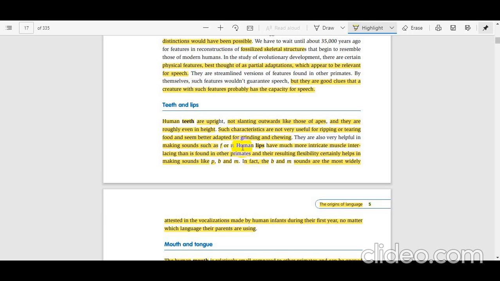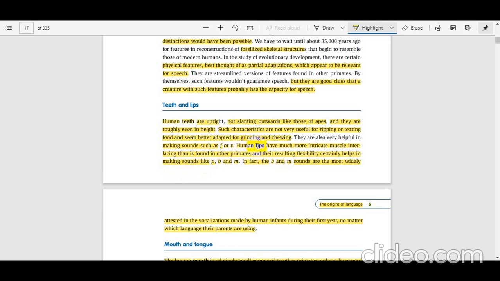This is one. The second part of the teeth and lips, here we have to talk about the lips, which are a much more intricate muscle interlacing than is found in other primates, and their resulting flexibility certainly helps in making sounds like p, b, and m. Which means what?